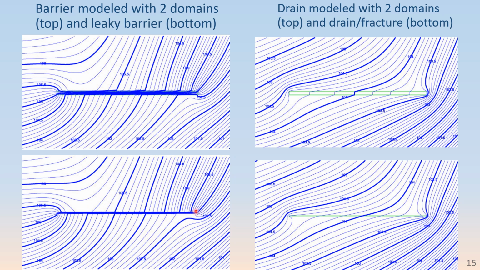It's a line boundary. And they have equivalent resistance across the barrier, and you can see the flow fields are nearly identical. On the right, I've done the same thing with a drain. This is now a high conductivity domain inside that skinny rectangle, and below it is the equivalent drain element with the same conductance as this finite width one up here. And you can see that the head patterns are nearly identical.